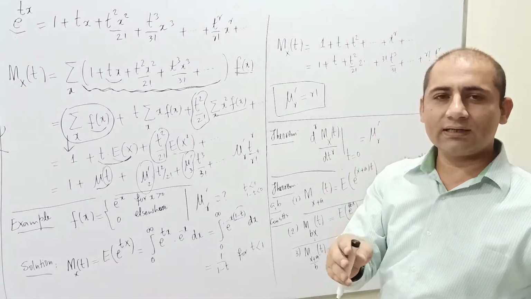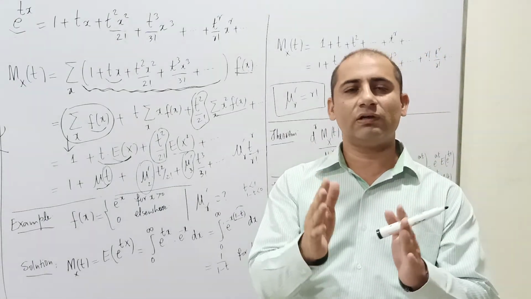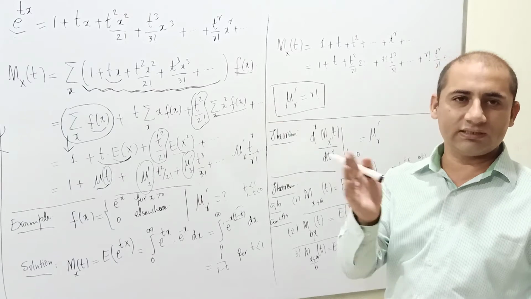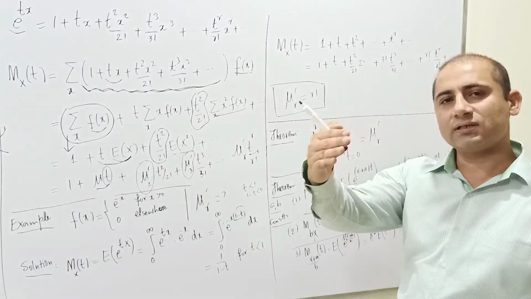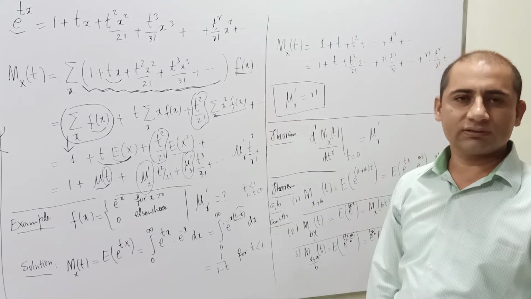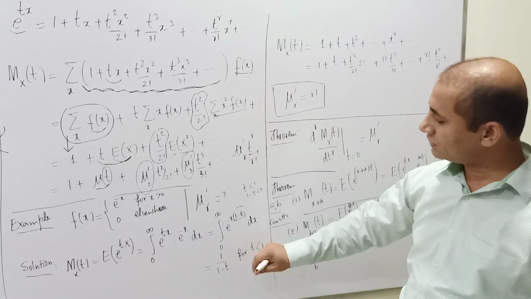When you integrate it and make those computations, you will see that everything is fine for t less than 1, and when t is greater than or equal to 1, this integral does not converge. So that is again a routine computation.